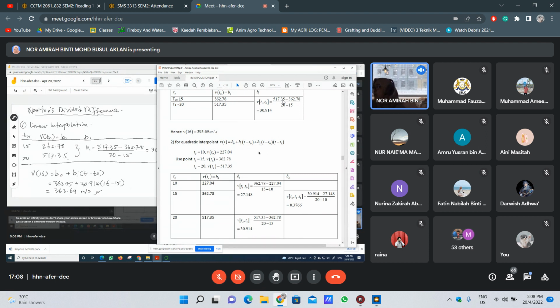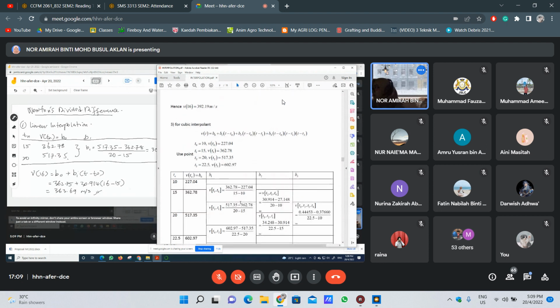Okay, meaning that later, if for cubic, the same formula, cuma you tambah pula because cubic we will calculate until B3 kan. So you have to plus B3 (T minus T naught)(T minus T1)(T minus T2). Okay kelas?